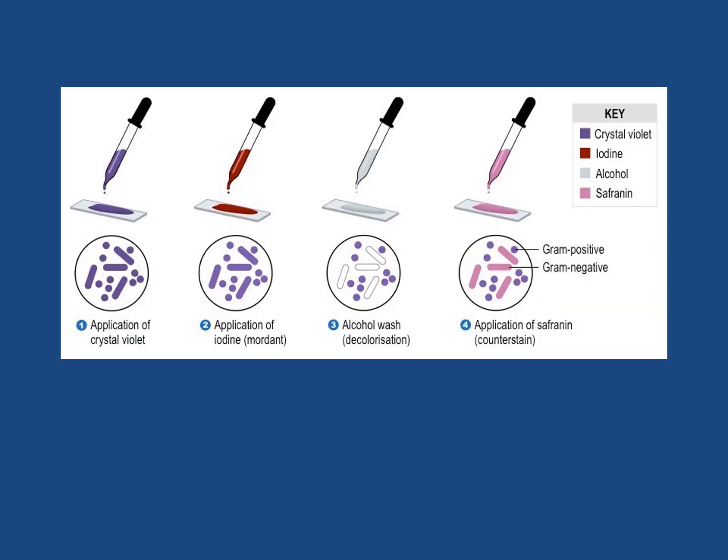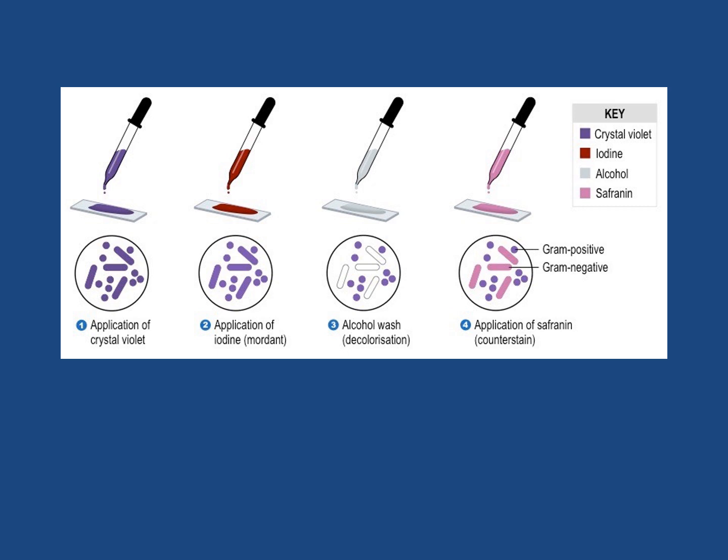Now in this slide, it is showing once again these same 4 steps, but it's showing you if you were to view under the microscope after each step, what would you see? So it's showing here, first you add that crystal violet. All the cells would look purple if you viewed it right now. After you add the crystal violet, you add the gram's iodine.